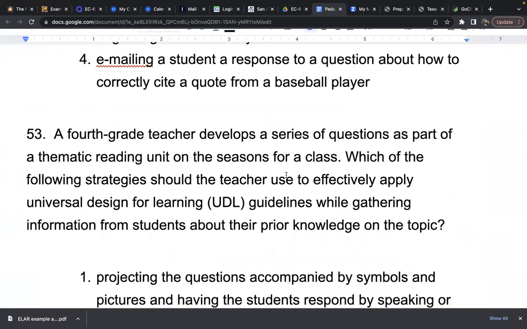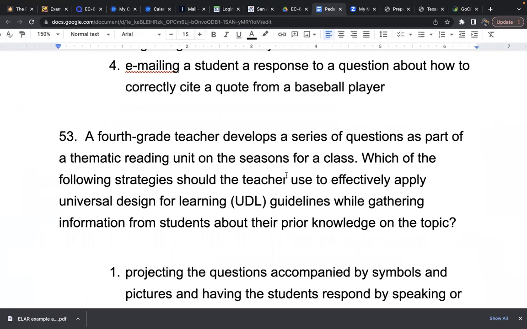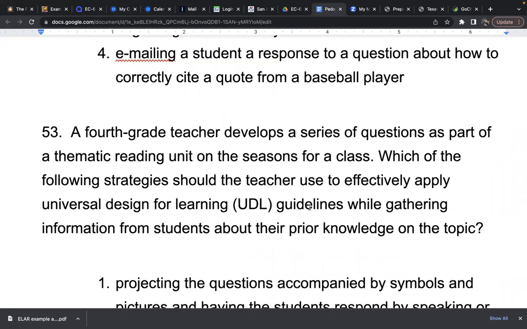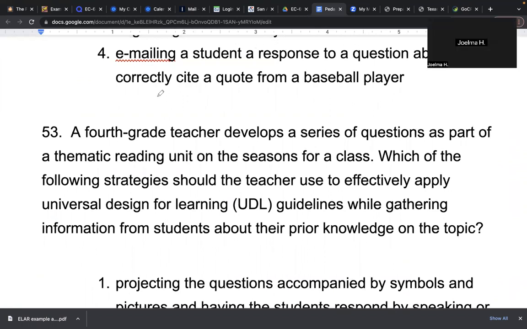Let's look at the words. What do we need to know? Like, what keywords and phrases, what red flags do we see that we need to pay attention to? Well, we're talking about a fourth grade teacher. Fourth graders, it's important. Age group, grade level, taken into consideration. Thematic unit.